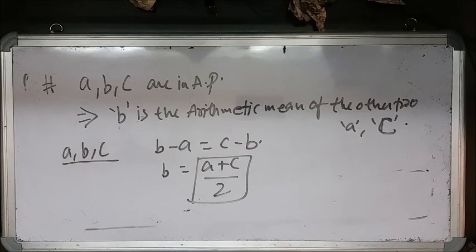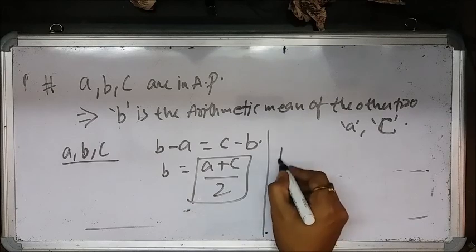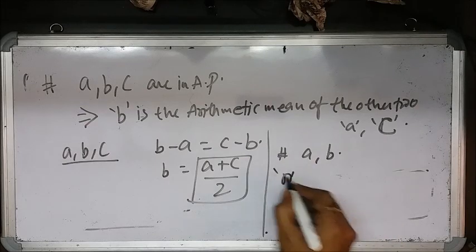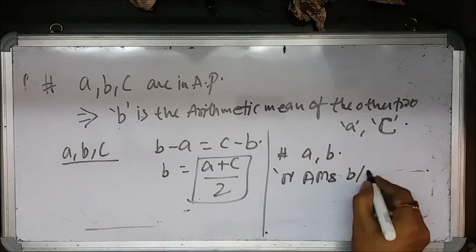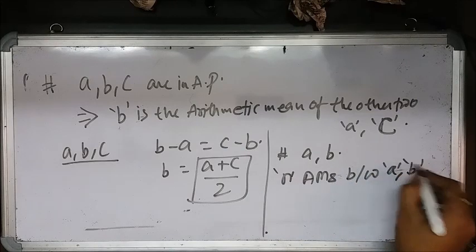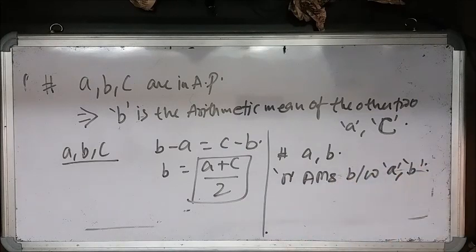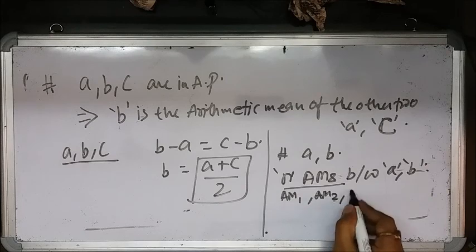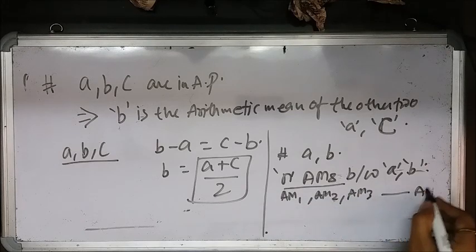So this is important. Now the next question is: suppose you have two numbers A and B, and they are not in arithmetic mean. You have to insert n arithmetic means between A and B. Let us suppose those n arithmetic means are AM1, AM2, AM3, and so on up to AMn.